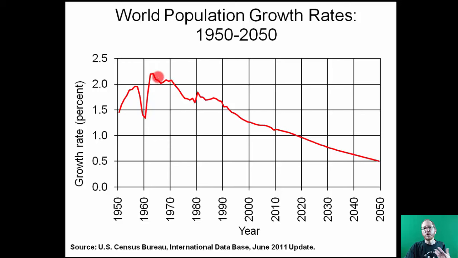We were hovering around 2 or greater, but you can see the trend is that family size is decreasing and decreasing as more of the world starts to come into the modern era of longer lives and fewer kids, as more of them become industrialized, get medical care, get the things that we kind of take for granted here in America. And so because of this, they're also moving to more of our type of lifestyle of taking care very well of a smaller number of children. And so our growth rate is diminishing.